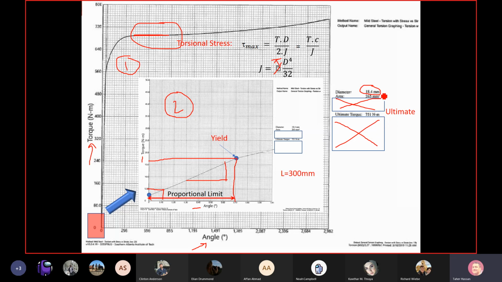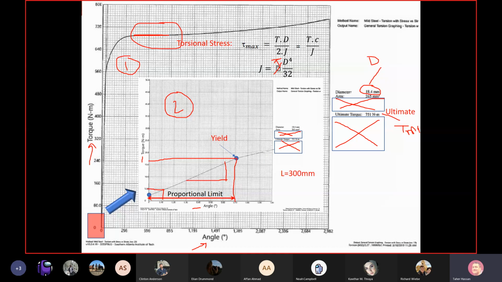Really, all you have to do is you have the diameter here, that's the D, and here you have your ultimate T, that's T maximum, torque maximum. That is all you need to finish your assignment. And I did the same thing here. I hid this part, and also this part. So please don't use these numbers in your data.